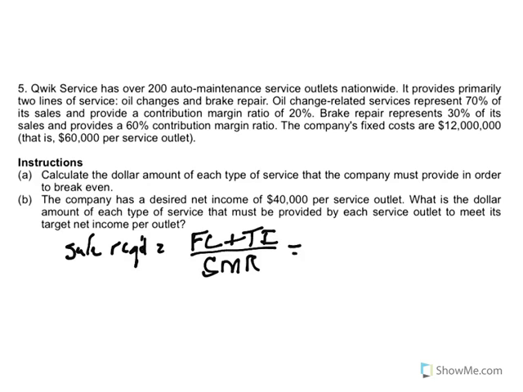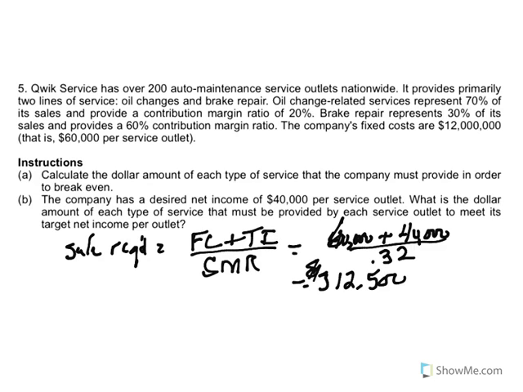So each outlet sells both oil and brake repairs, but the fixed cost for each outlet is, I'm sorry, the fixed cost is $600,000. The target net income is $40,000. And the contribution margin ratio, as we calculated before, is 0.32. So therefore, the total amount of sales we have to do is $312,500. That's the total for both.